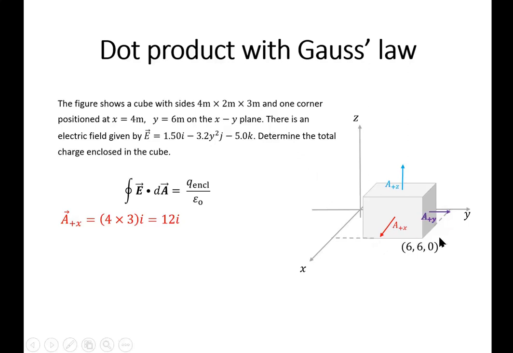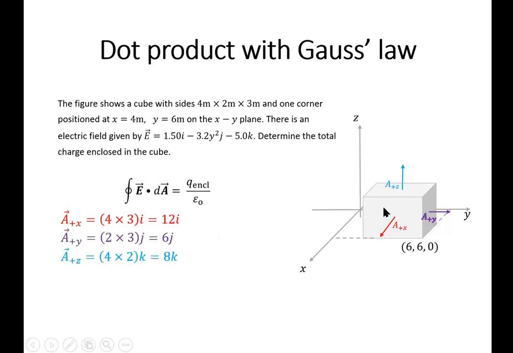We have the breadth to be 2 meters, which is the side, and the height, which is 3 meters. So if you want to find the surface area, it is this side multiplied by that side. So it is 4 multiplied by 3, giving us 12. And we are multiplying it by the unit vector in the direction of x. That will be i.